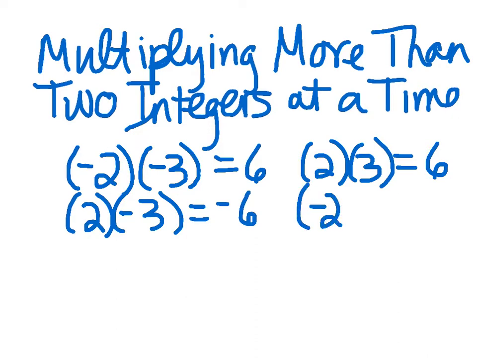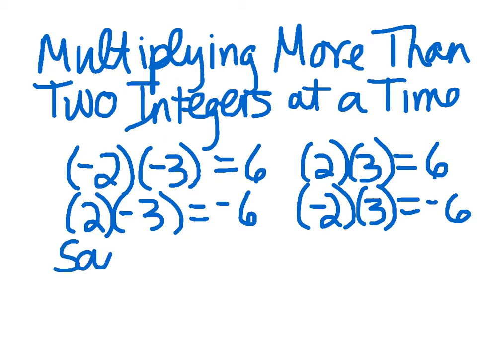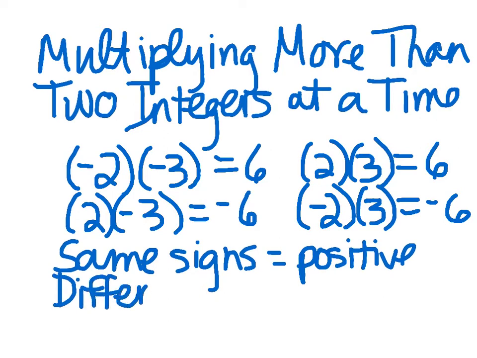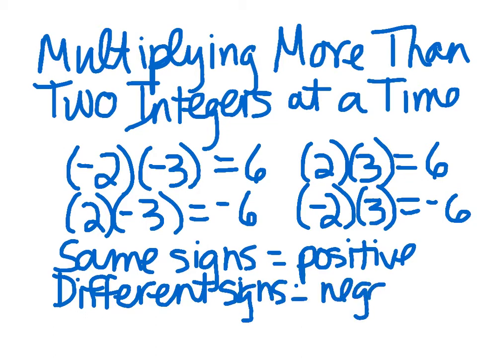And a negative times a positive is equal to a negative. In other words, same signs equals a positive, and different, and don't forget, this is not the same as when we're adding, different signs equals a negative.